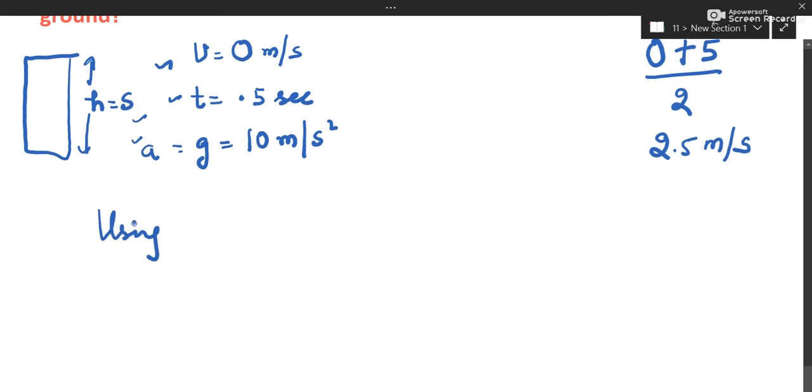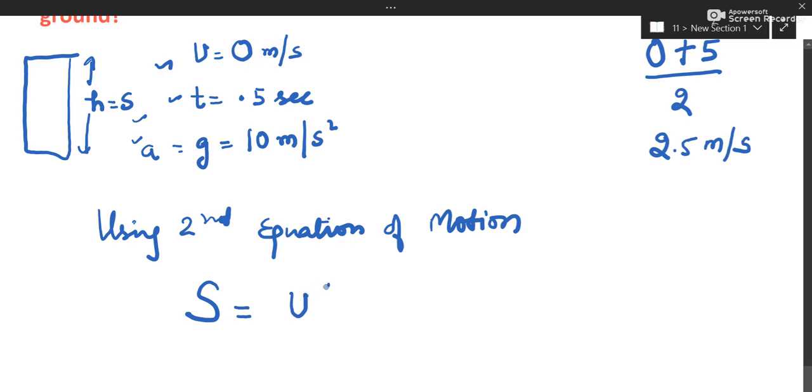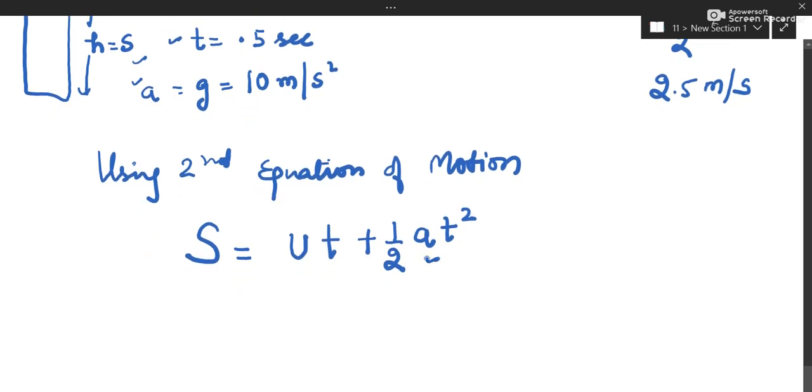So using the second equation of motion, what is the second equation of motion? S is equal to ut plus half a t square, where a is g.